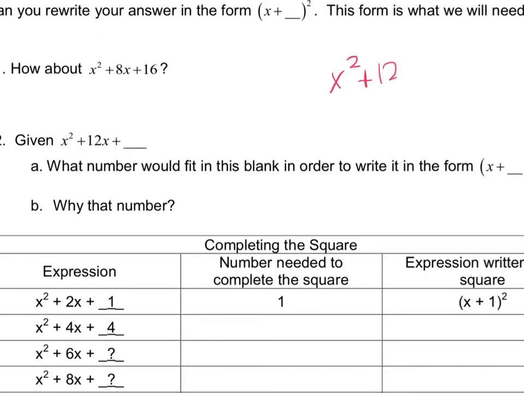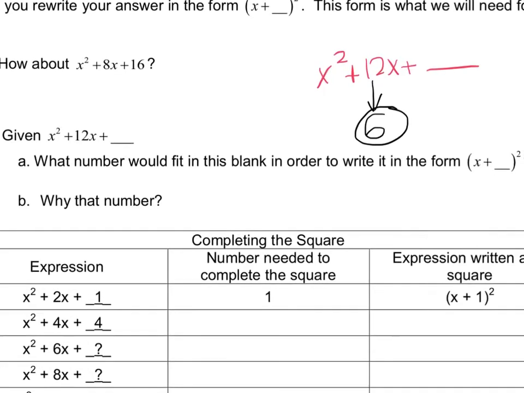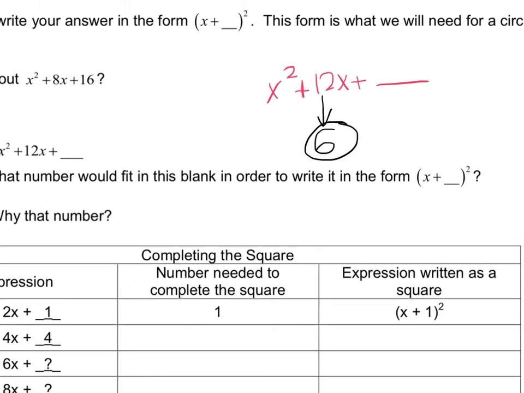This is something that we've done before, let's see who remembers. If I ask you what number I should add to this to complete the square, the first thing you would do is take the b and divide it by 2. So 12 divided by 2 is 6. This is how I know that here it should be x plus 6 squared.